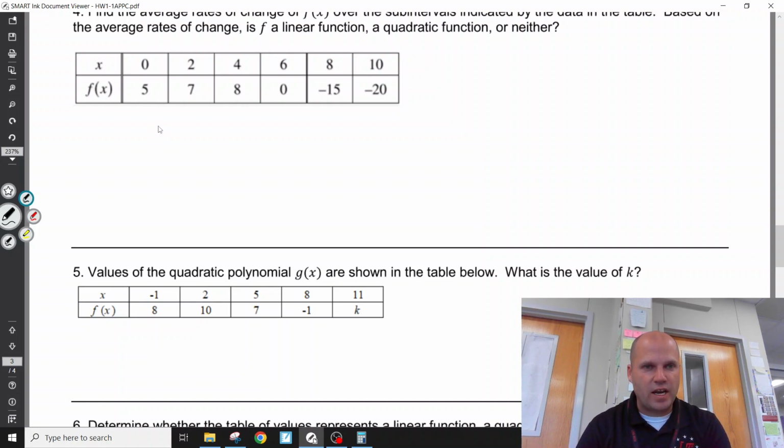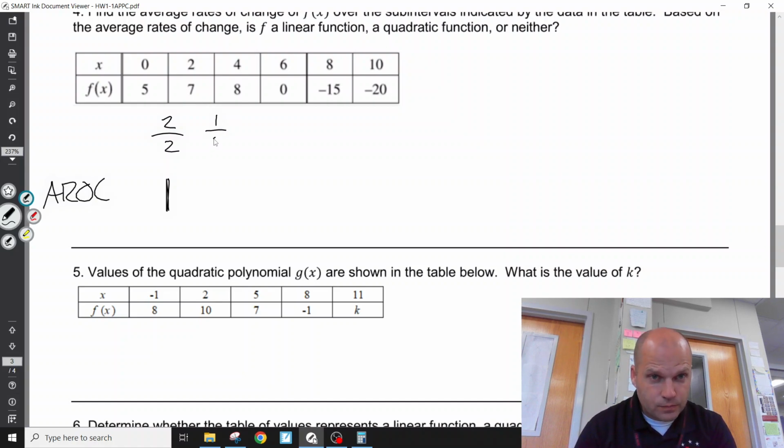From 5 to 7, I increase 2 over 2 x's. 2 y's per x. My average rate of change for f of x is 1. 7, 8, 1 over 2. My average rate of change is 1/2 y per x.